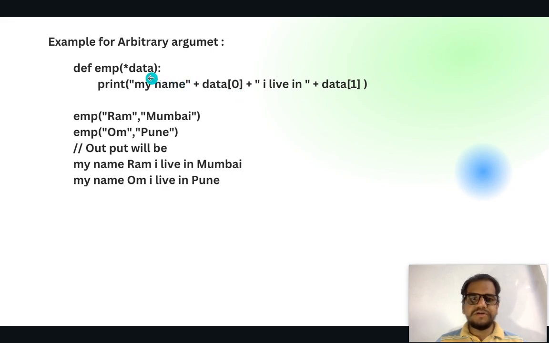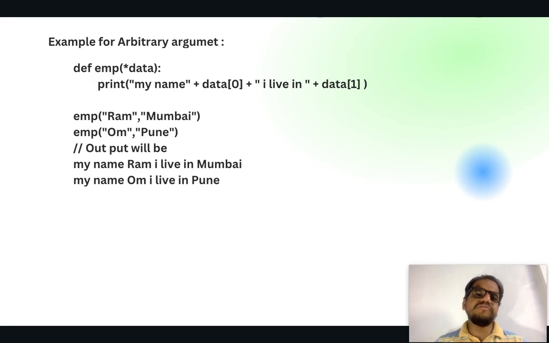It means it comes in an array format, right? That's why here we put the 0 and concatenate, and we are putting here I love in plus again concatenate data 1. So 1 means we have two arguments. Okay, we are taking right now two arguments.